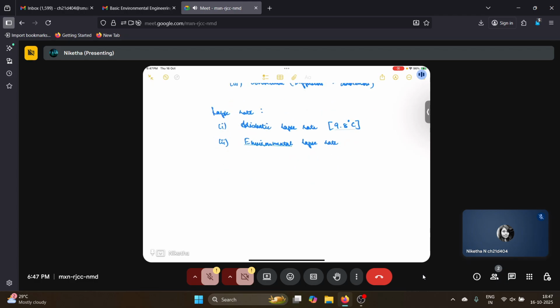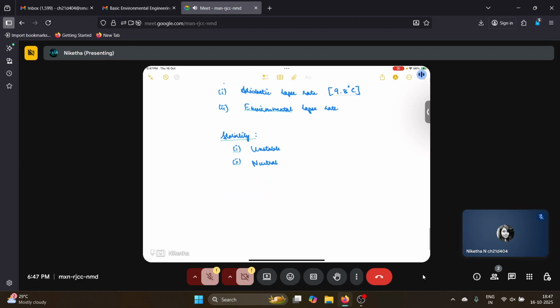So, depending on the conditions of adiabatic lapse rate and environmental lapse rate, the environmental stability varies. The stability can be classified into different stability classes: unstable, neutral, and stable.